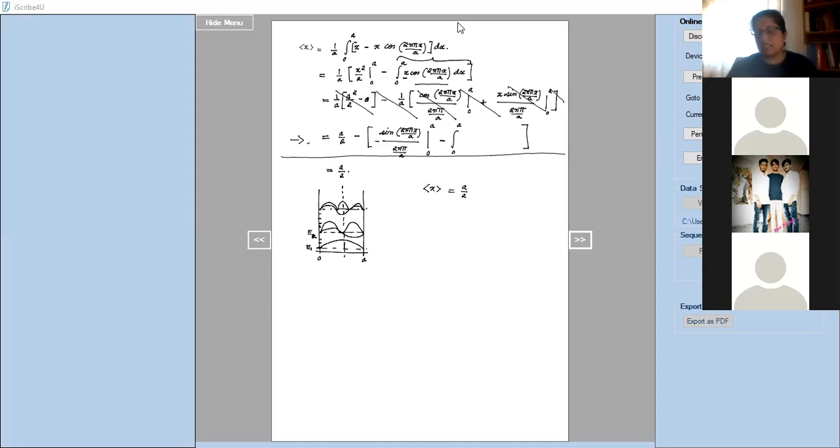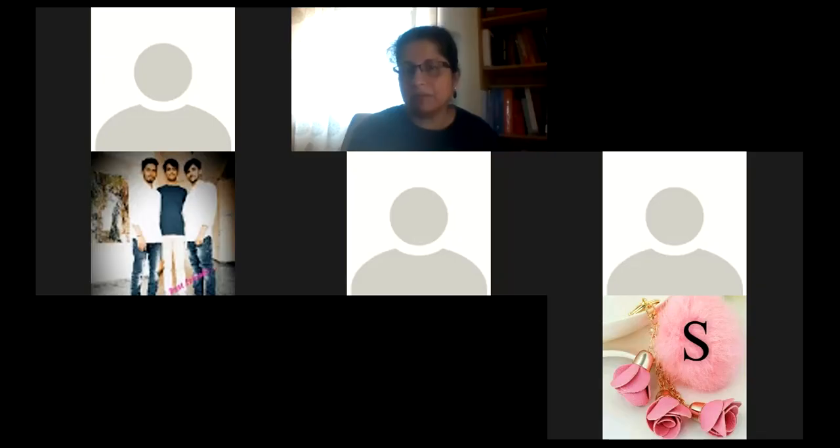But just from a symmetry argument, you should be able to realize that the expectation value of the position is always going to be the center of the well. Is this clear? This is without trying to solve it. That is what I said, that we will do formal solutions, and we will also learn tricks.